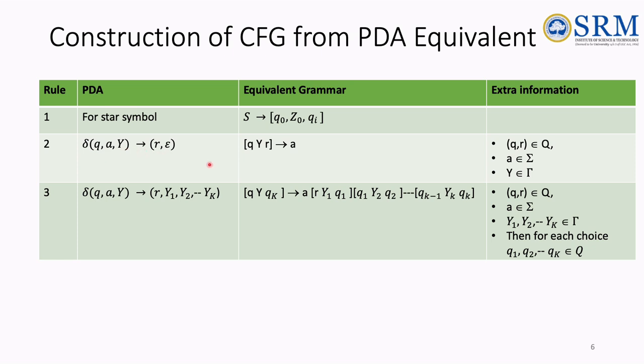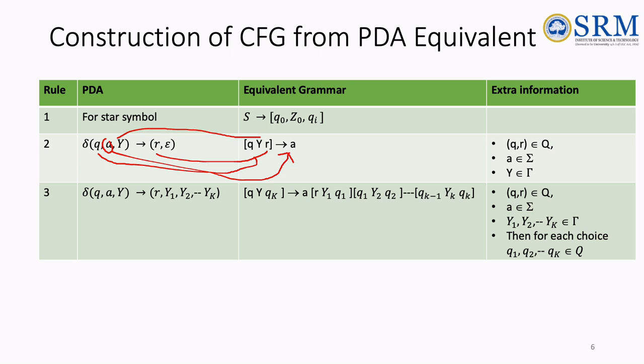If this is the mathematical formation for our PDA, the equivalent grammar will look like this: just write this Q over here, this Y over here, and R over here. So it is the state, then the stack symbol, then another state, and finally this A will be your production. Likewise, you convert all the pop transitions you have in your problem into grammar.